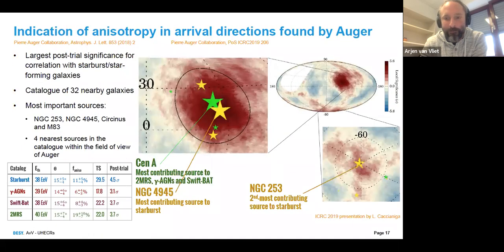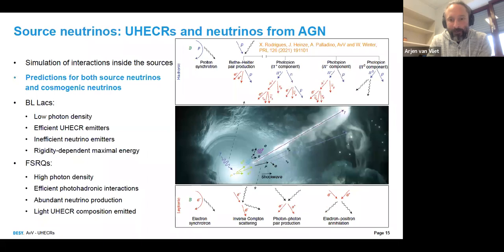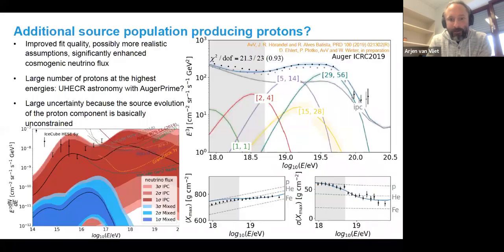But an idea of what this additional proton component could represent is a source population of different, more extreme sources that can accelerate cosmic rays to higher energies.